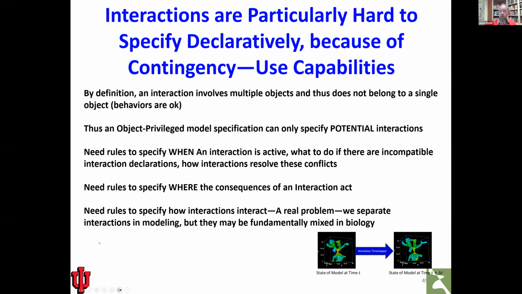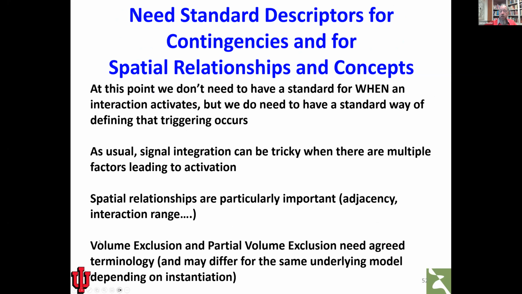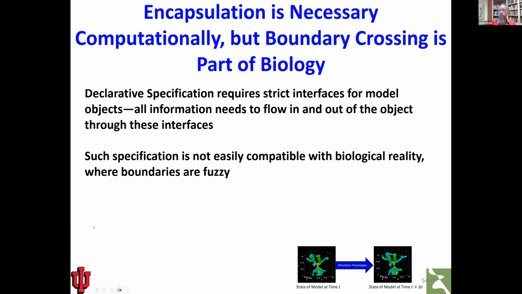And so building rules that are flexible enough to have complex multi-component interactions, I think, is pretty hard. We do need standardized descriptions for contingencies and spatial relations. We don't really have that yet, although I think it's possible to do that. Adjacency, interaction range, volume exclusion. We need unified terminology for understanding these concepts.